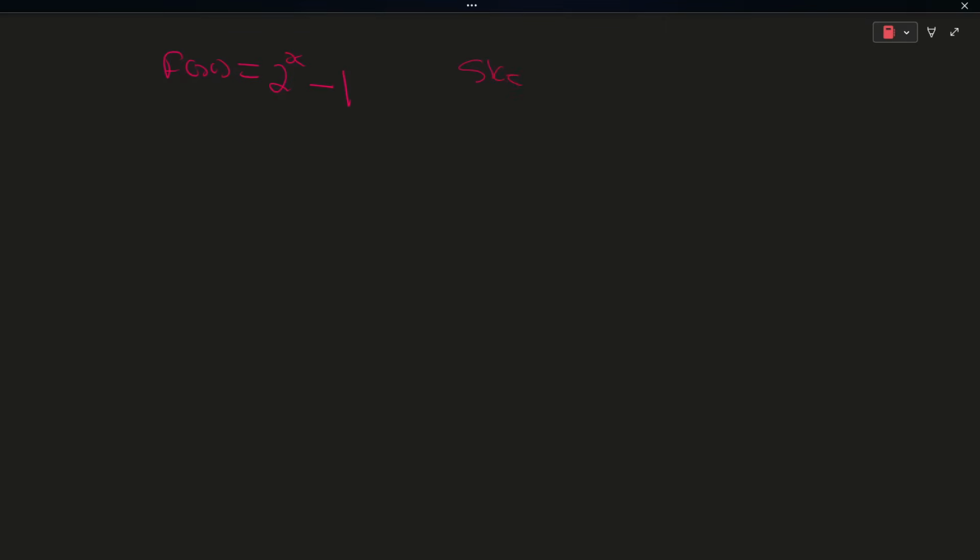Today I want to show you how to sketch it. And what do I do for the x-intercept? I told you y is equal to 0, always.